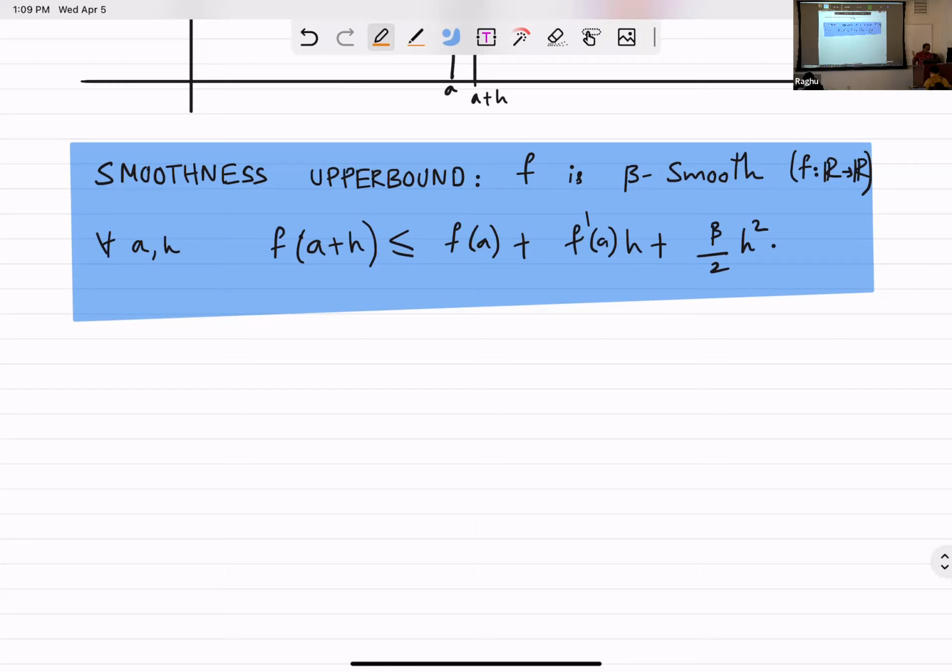The proof of this comes from calculus. I'm not going to prove it, but let me just say, why use Taylor's theorem?